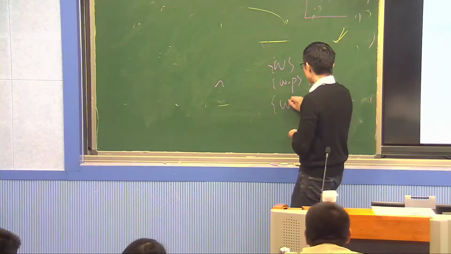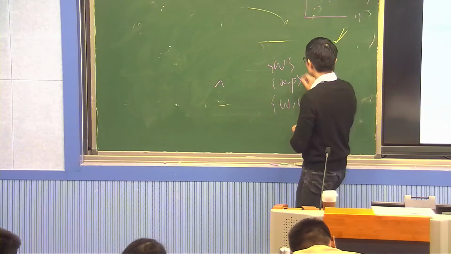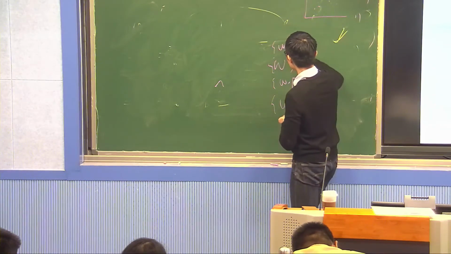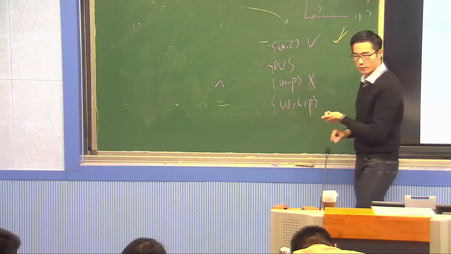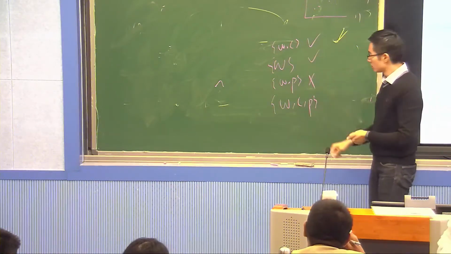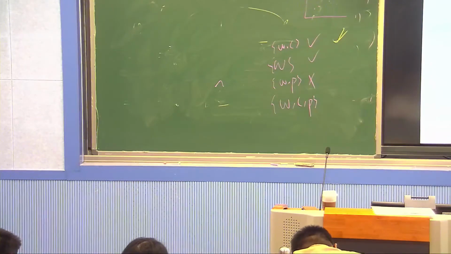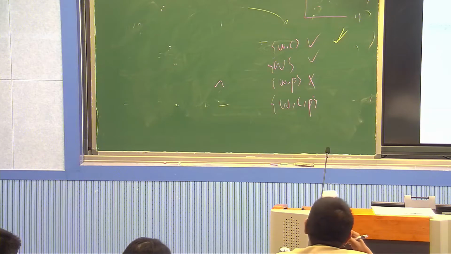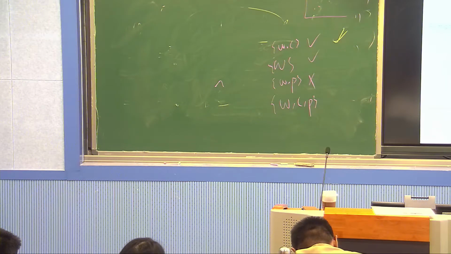What about W, C and P? If I condition on all three variables, does it satisfy the backdoor criteria? Yes. Because conditioning on P opens it, but if we also condition on C, it's blocked again.